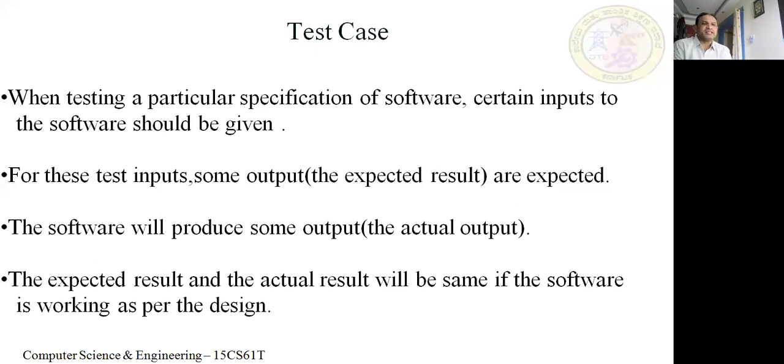The expected result and the actual result will be the same if the software is working as per the design. If you have written the program correctly, then the expected result and the actual result will both be the same. Whatever values we give and it generates output, whether correct or wrong, we call that a test case.